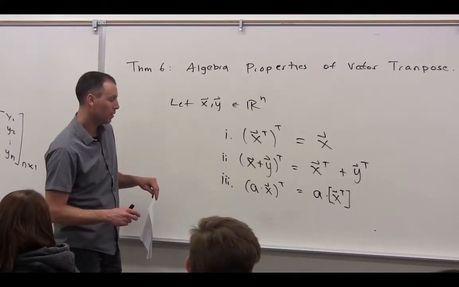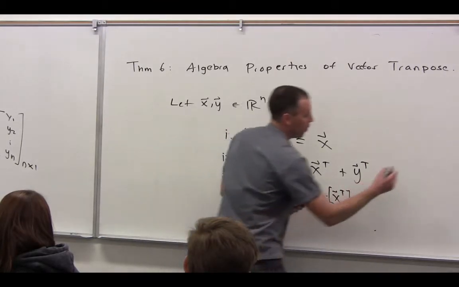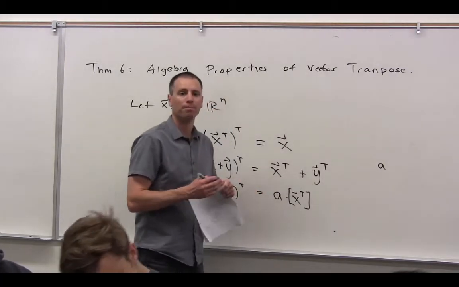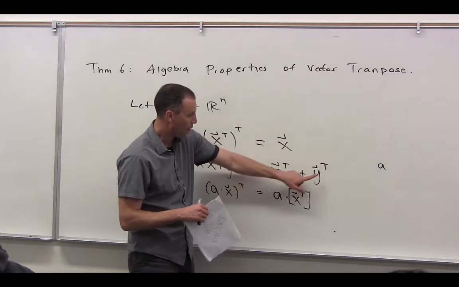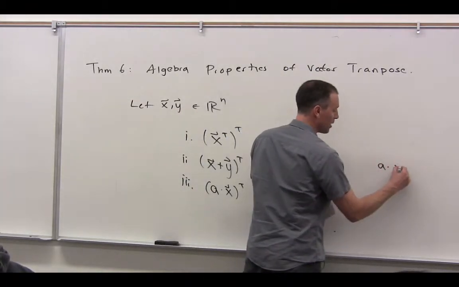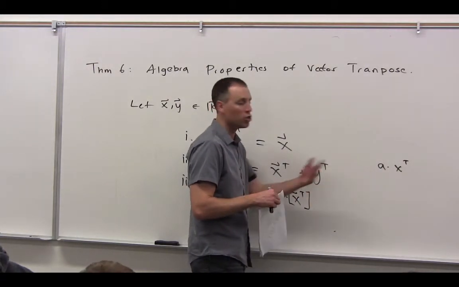I'm trying to say the transpose is a unary operation. The transpose expects one argument inside. If I just write a times x transpose, we haven't really talked about order of operations for unary operations.